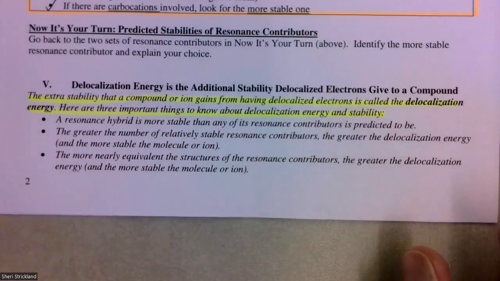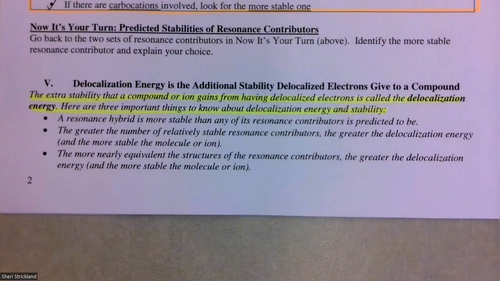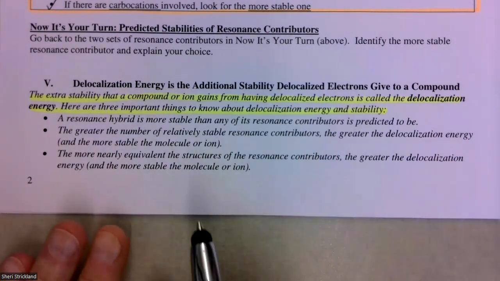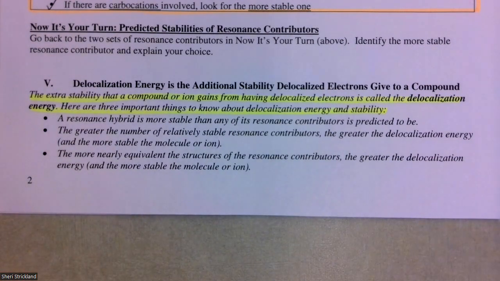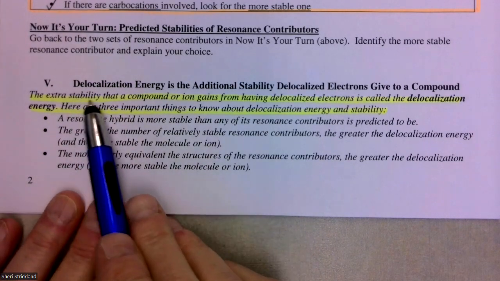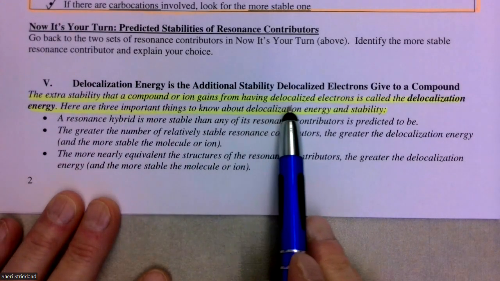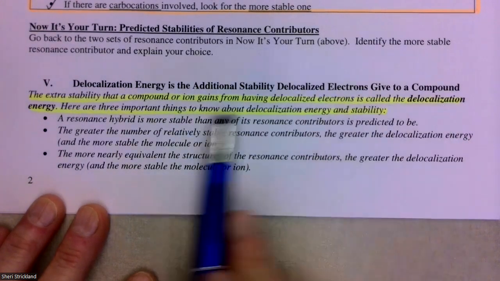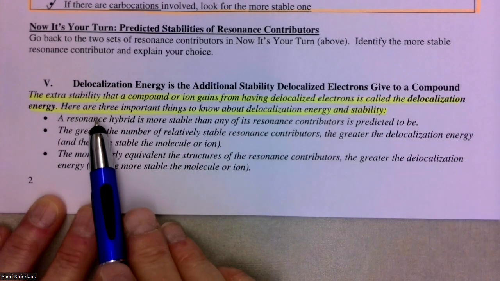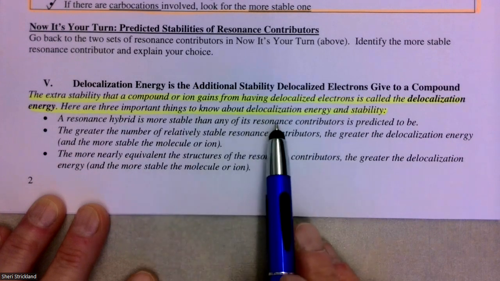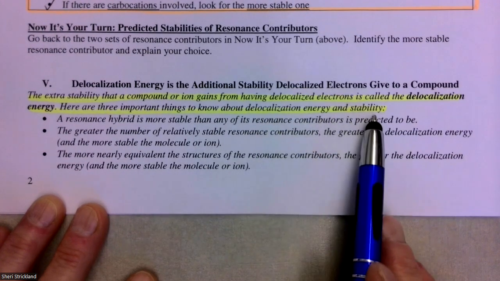Now, it turns out that molecules that have resonance contributors and resonance hybrids are more stable than they would be predicted to be. And the extra stability that can be experimentally measured, the extra stability that's gained from having delocalized electrons, is called the delocalization energy. Okay, and here are 3 important things you need to know about delocalization energy and stability.